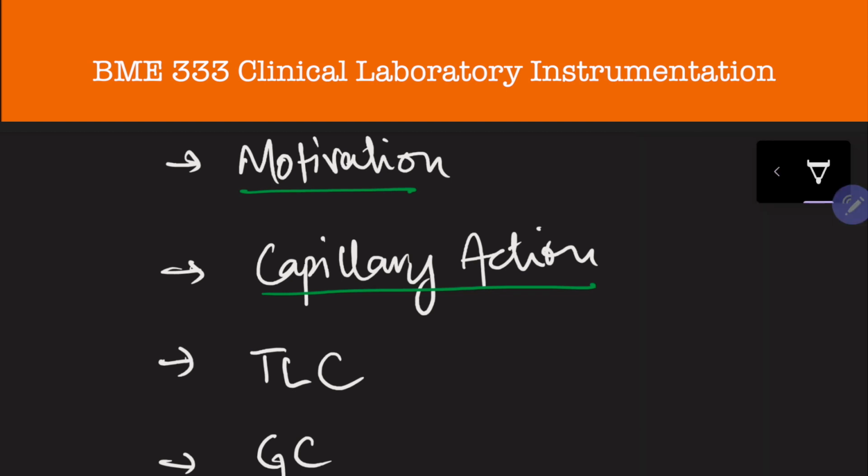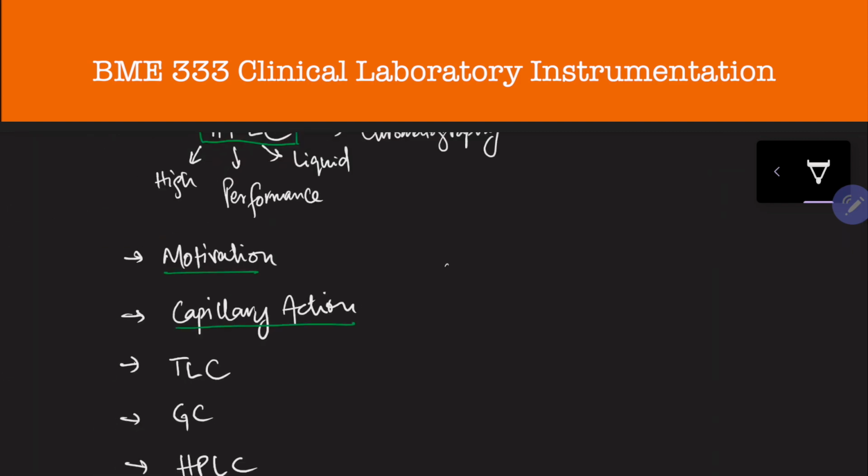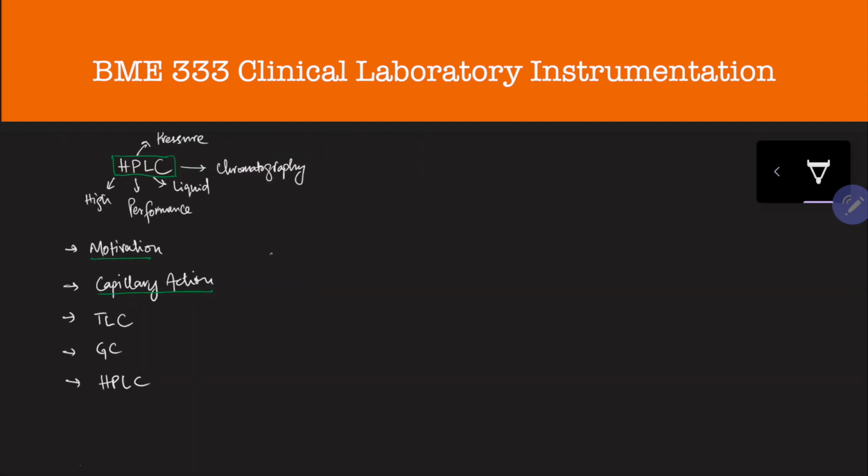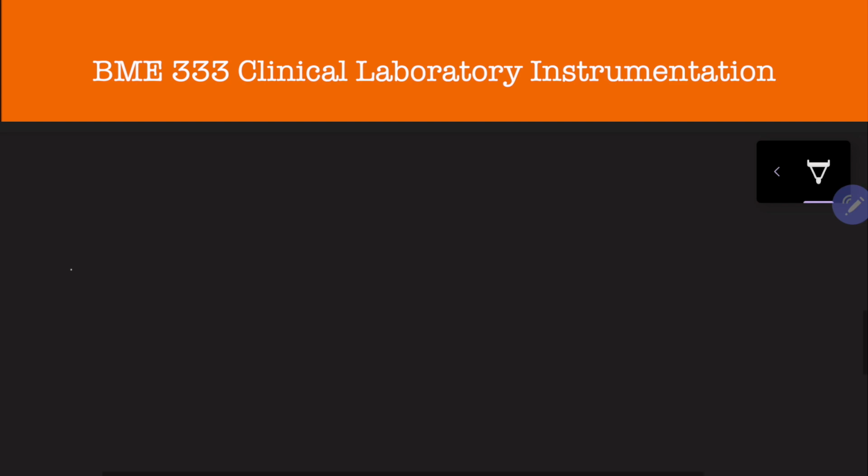So when the bonding between the molecules of the liquid is weak and the bonding between the liquid and the tissue or the surface is strong, that's when we get to observe this phenomenon of capillary action.